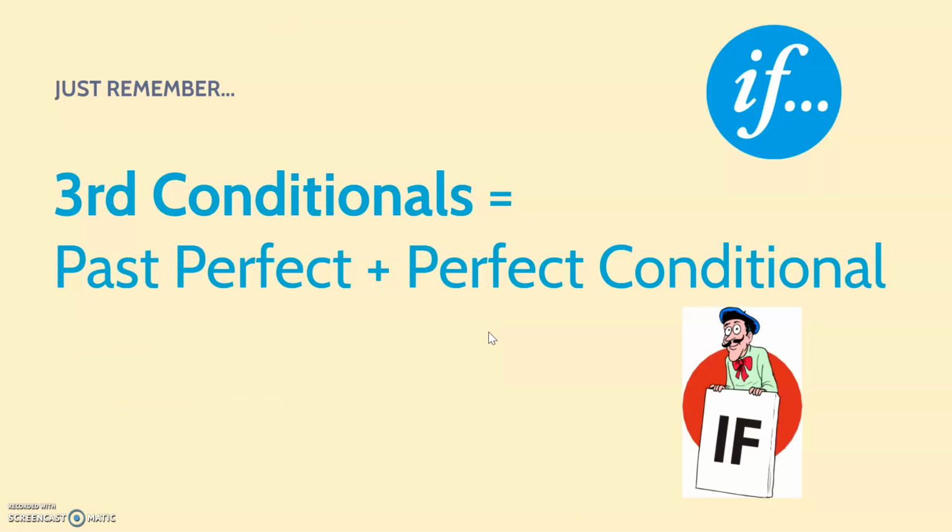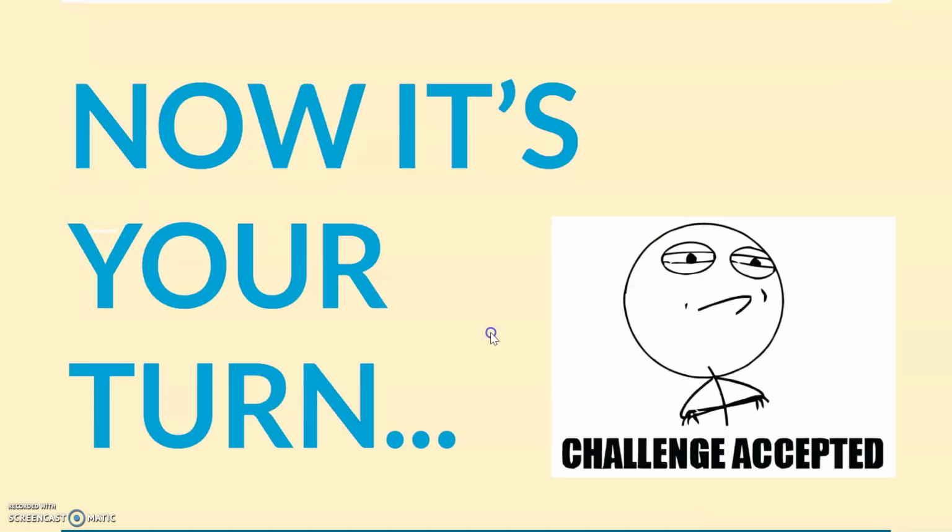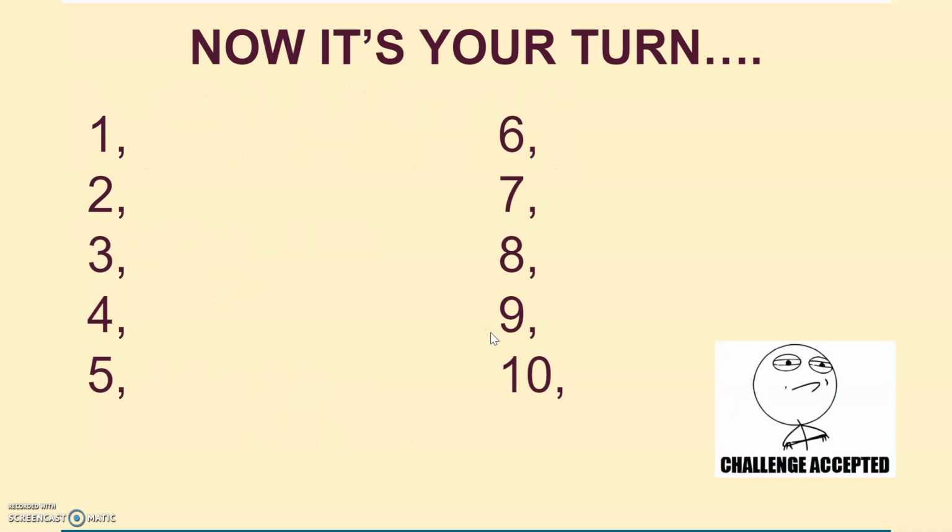Right, so just to remember: for third conditionals, we use the past perfect plus the perfect conditional. All right, and now it's your turn. If you can write down number 1 to number 10, I have 10 sentences which I would like you to create grammatically correctly in the third conditional.